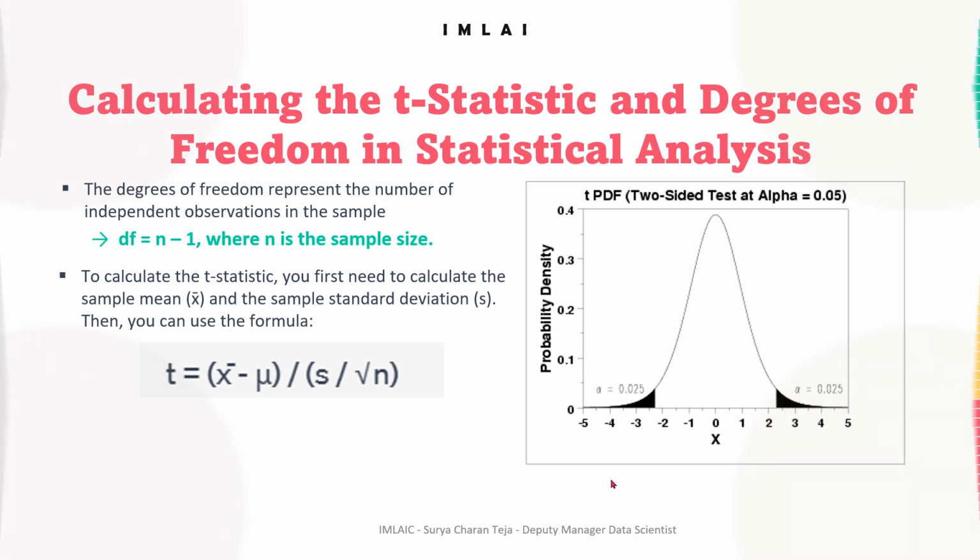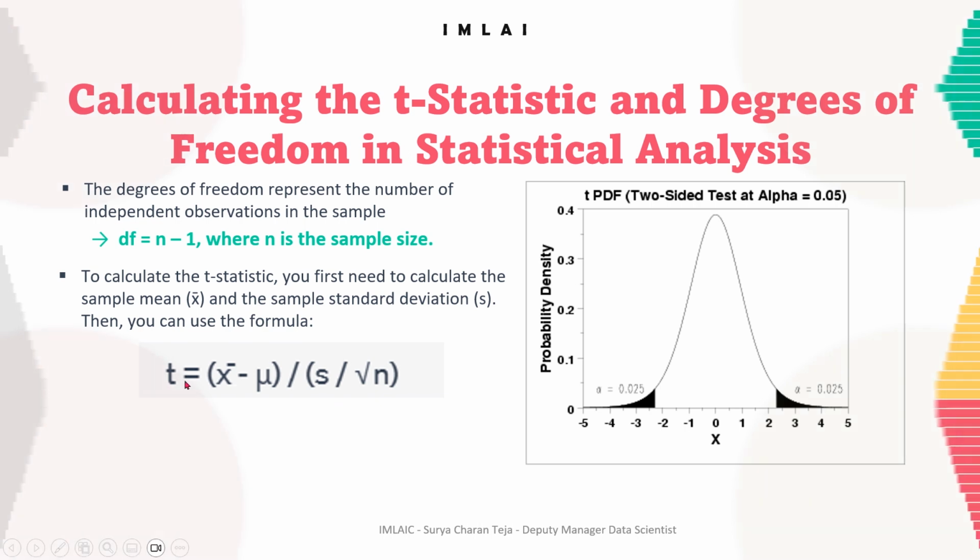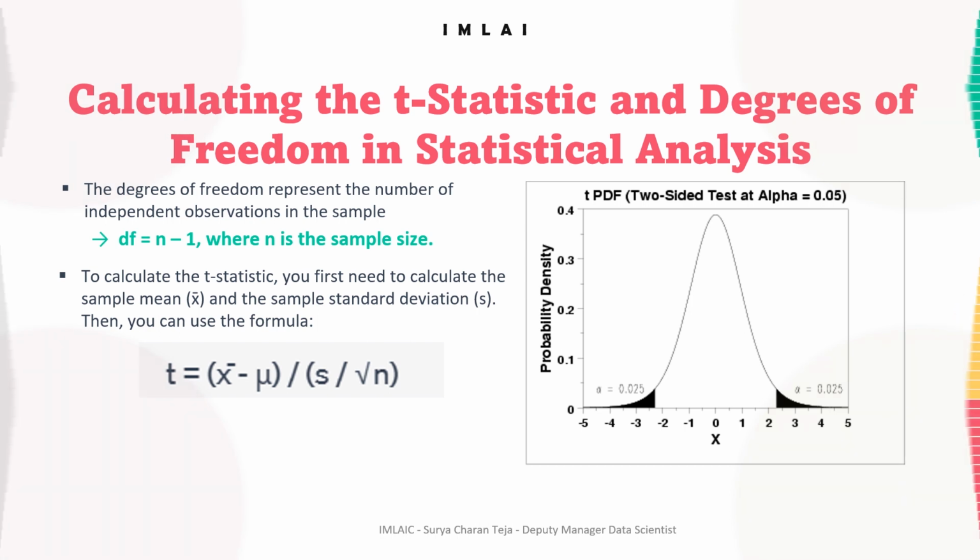Then we can use this formula. t is equal to the sample mean minus mu, where mu is the hypothesized population mean, x bar is the sample mean, s is the sample standard deviation, and n is the sample size. We will call it the standard error.